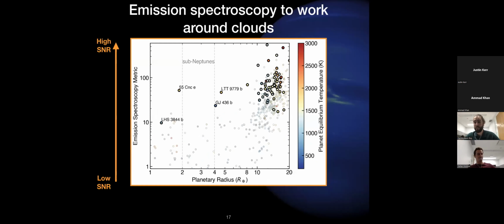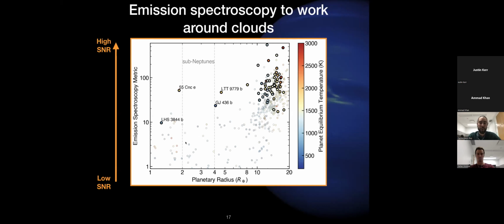Now, a way to work around this problem of having to deal with clouds is to look at the thermal emission that's directly coming from the planet. And we can do this during the eclipse of the planet, where it goes behind the star with respect to us, and we can isolate the thermal emission.